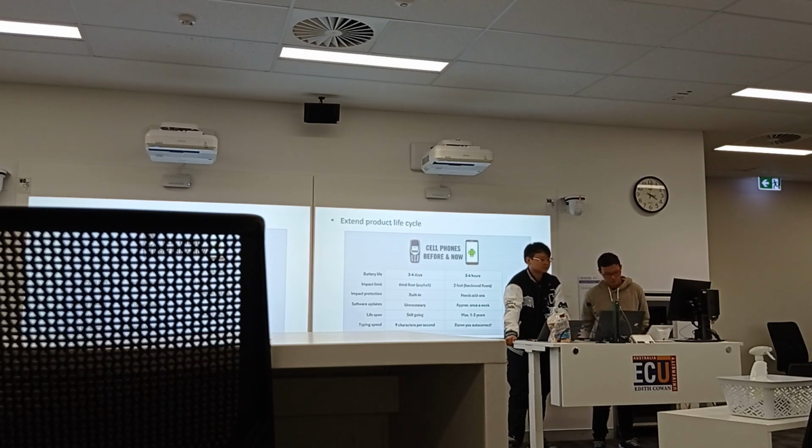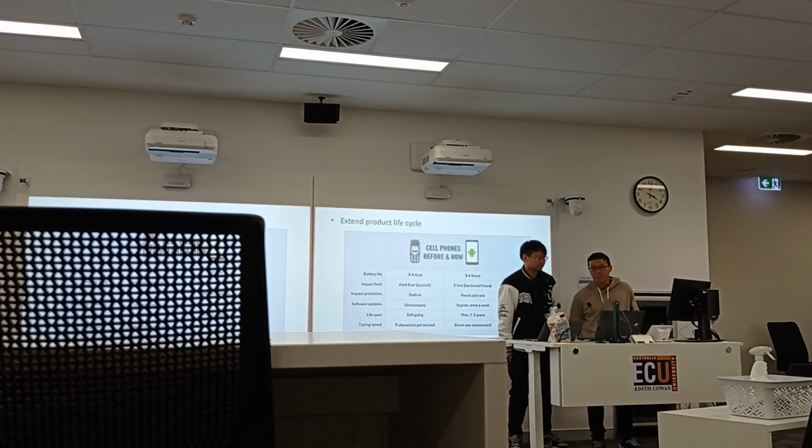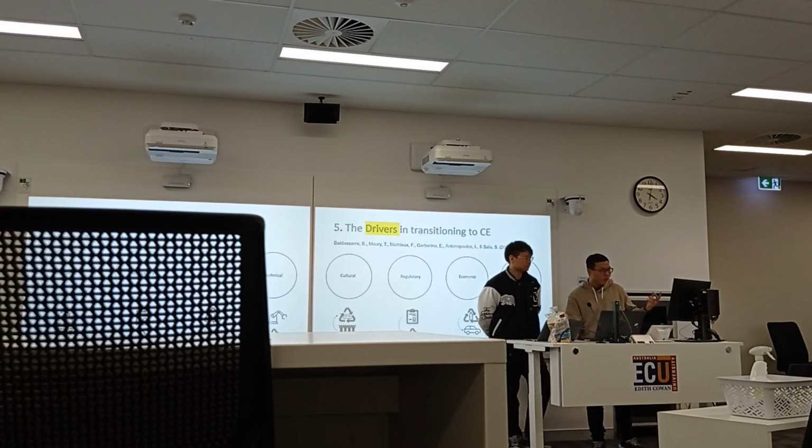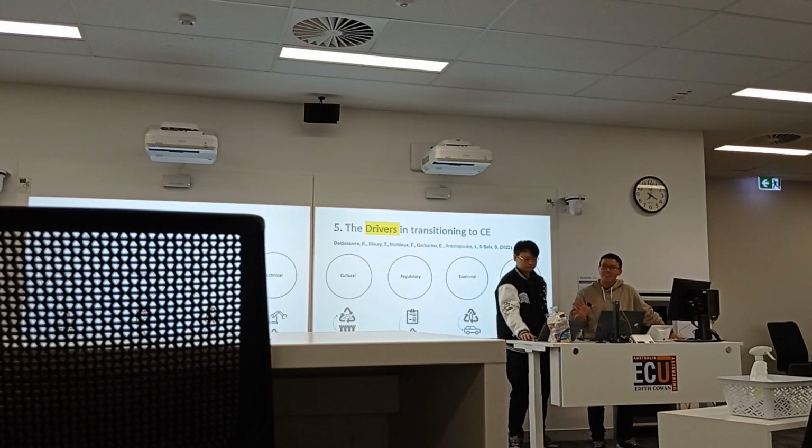Yeah, that's all. So I think most of you are going to be really sad because there are so many difficulties in transitioning to a circular economy. But let's take a more positive look. There are 4 drivers, 4 things that can push economies toward the circular economy.